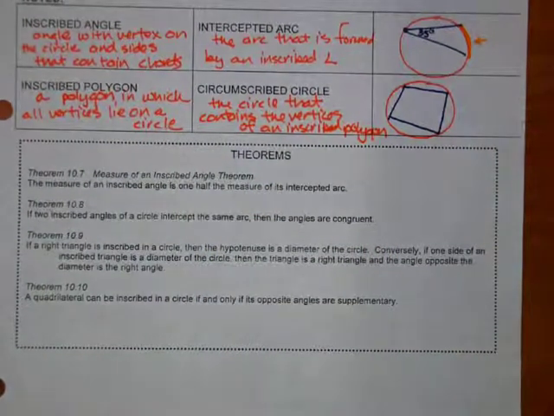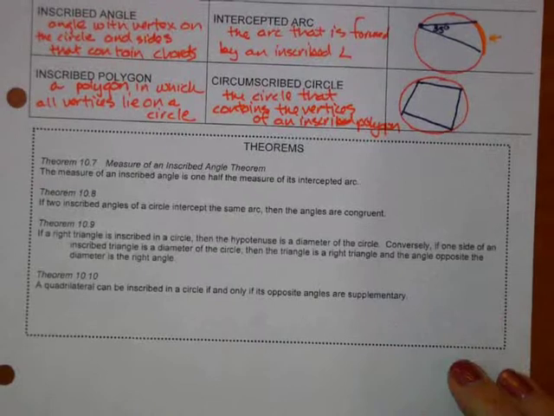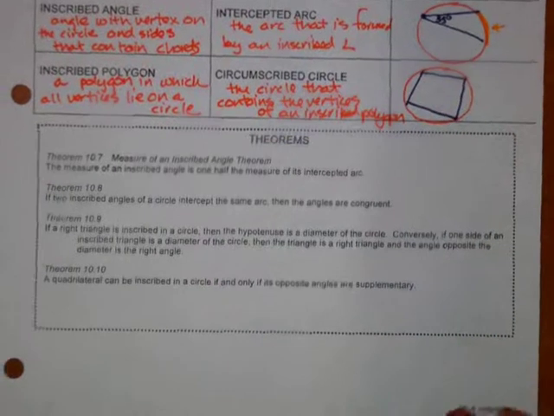Okay? So 4 new words there. You might want to put them on a list just so you can memorize them this weekend. The circle that contains the vertices of an inscribed polygon. It's called a circumscribed circle. All right. We have some theorems that go along with this idea, these definitions.